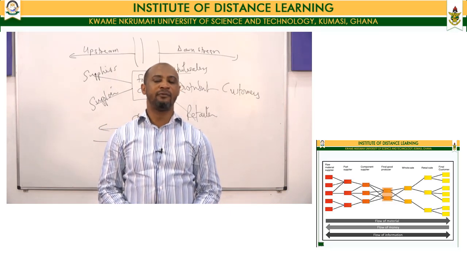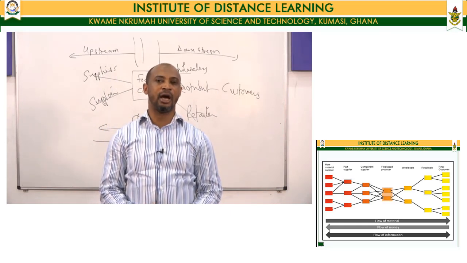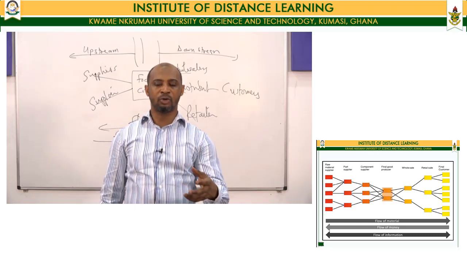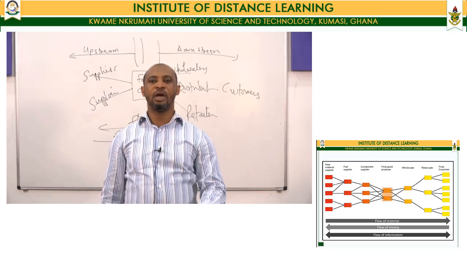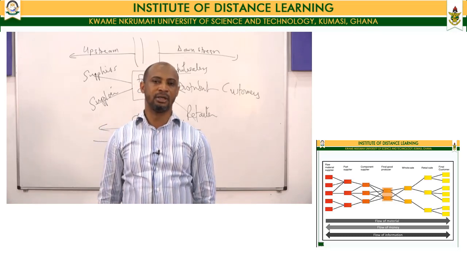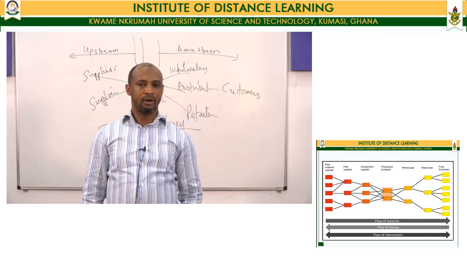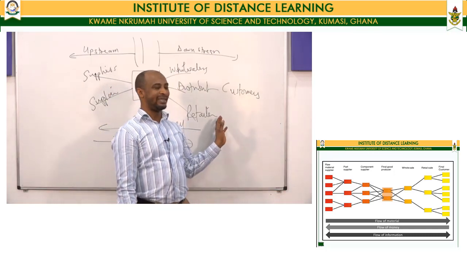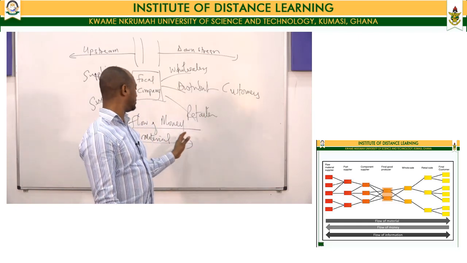But don't forget, we have those organizations that have the reverse version. For example, I buy a bottle of Coke. I finish taking the Coke and I have to return the bottle. But the bottle is a material. That notwithstanding, we still say that it is mainly from upstream.